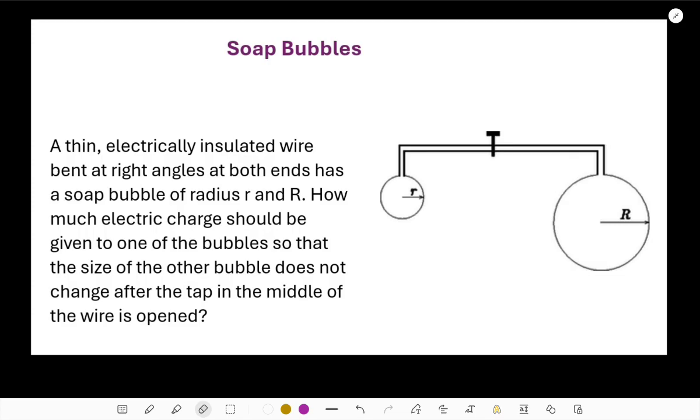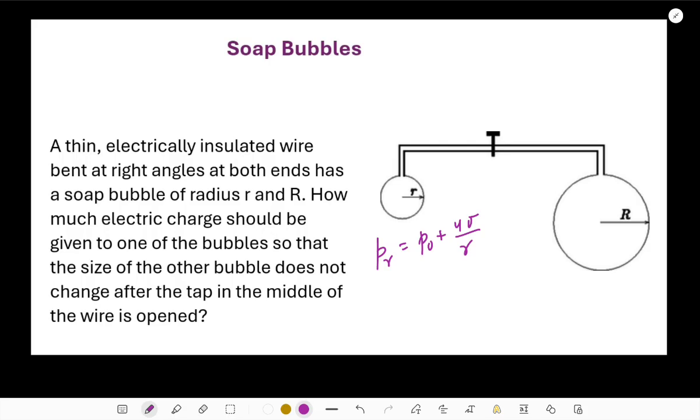So what is happening now when the tap is closed? I can simply write here that the pressure inside this smaller bubble is the outside pressure plus 4 sigma by r. Of course, sigma is the coefficient of surface tension.